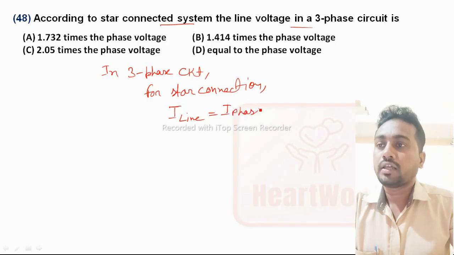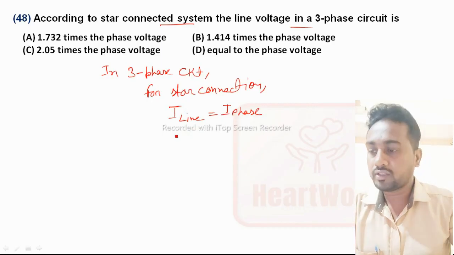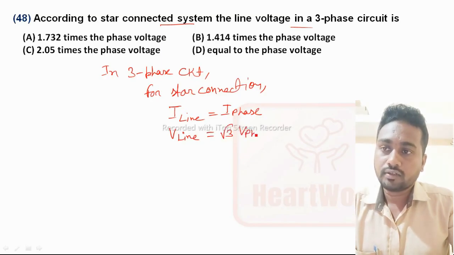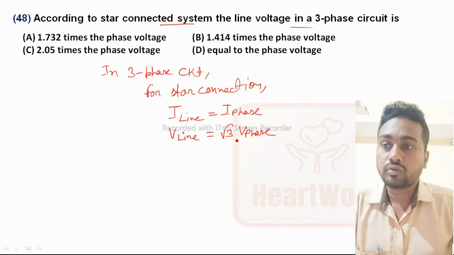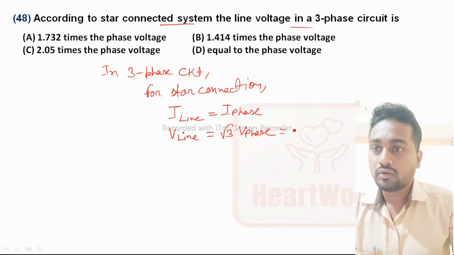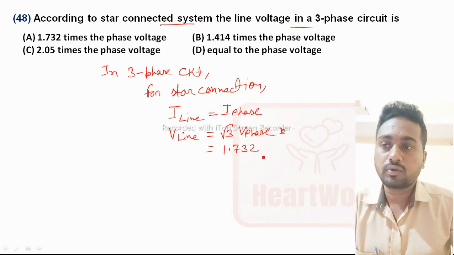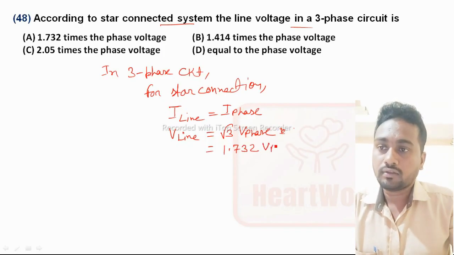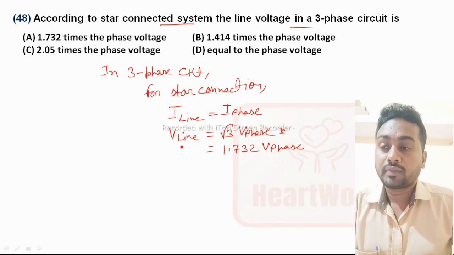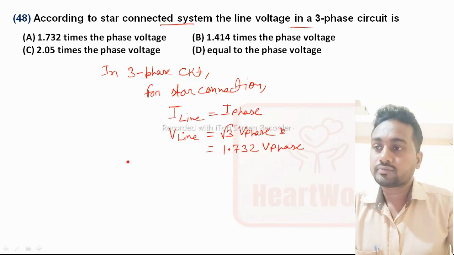Always remember this: in star connection, line current is equal to phase current, and line voltage is equal to root 3 times phase voltage. The value of root 3 is 1.732. So line voltage is equal to 1.732 times phase voltage in star connection.